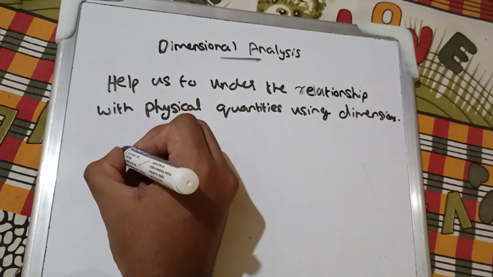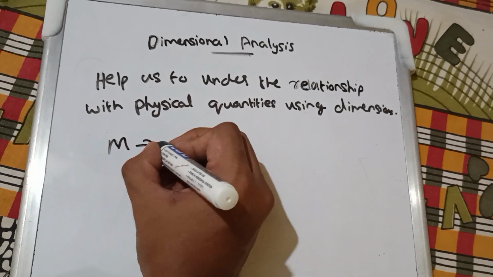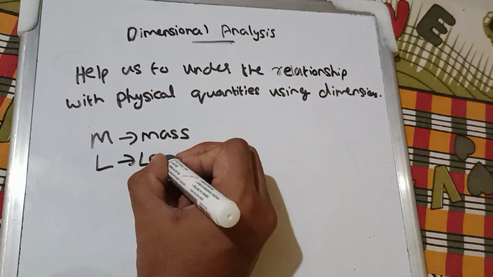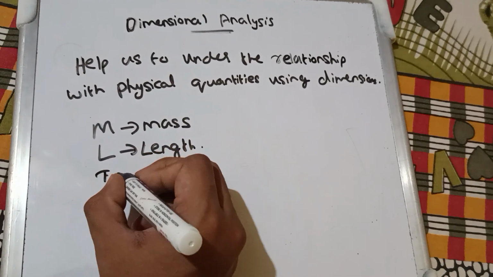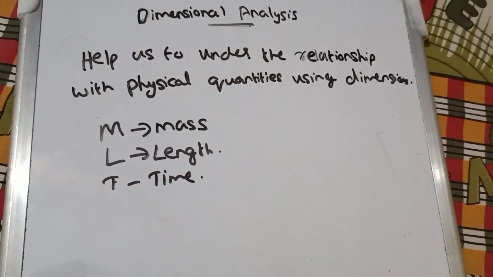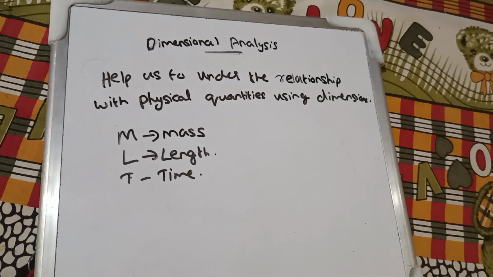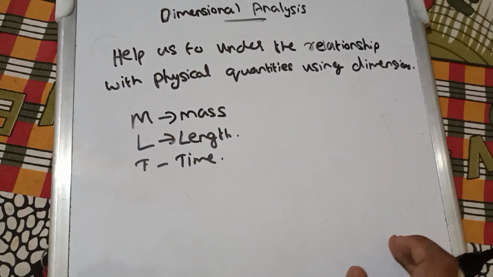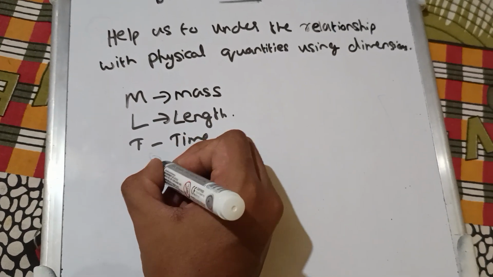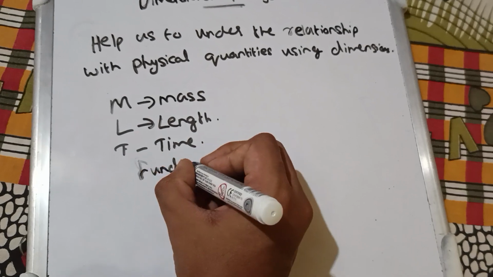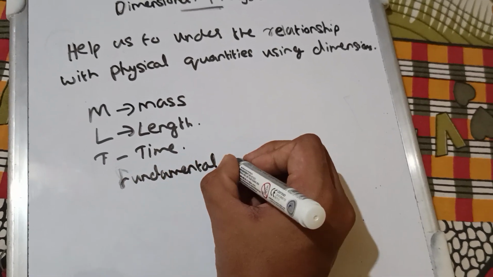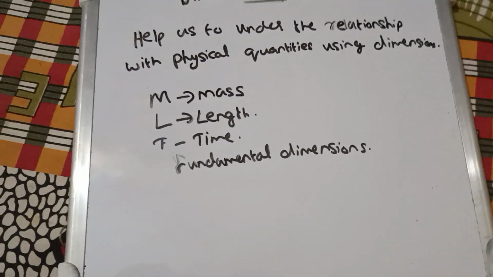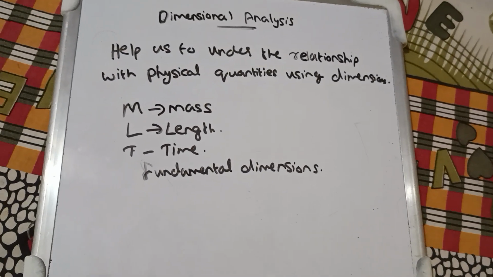For example, we have mass denoted by M, L which is length, and T which denotes time. These all show the nature of that particular physical quantity. So these are the fundamental dimensions. That means they are the most basic dimensions, that is mass, length and time.